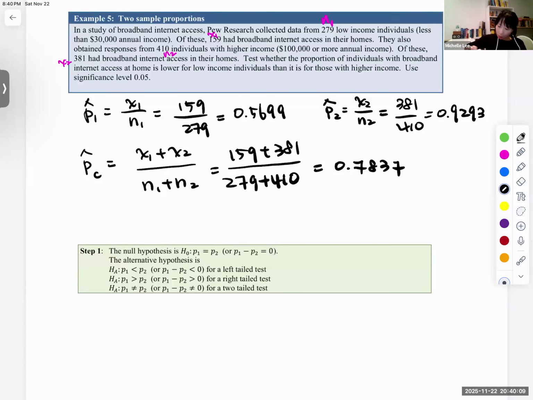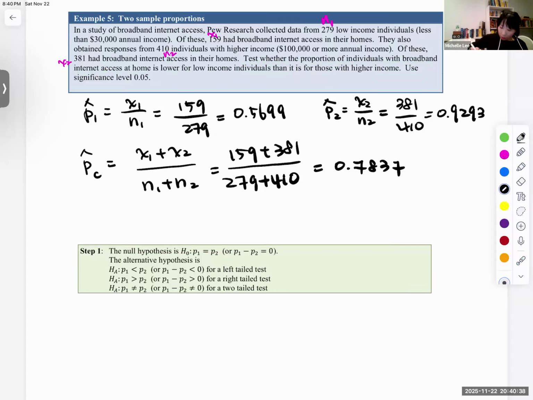So let's check step 1. Okay, so what do you think? We test whether the proportion of individuals with broadband internet access at home is lower for low income than others, higher income.